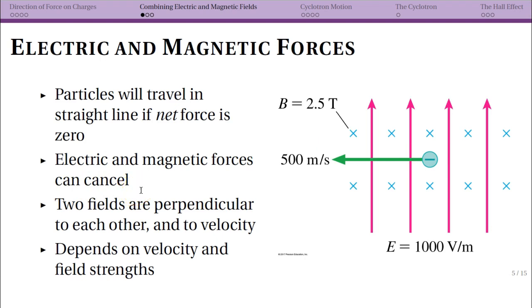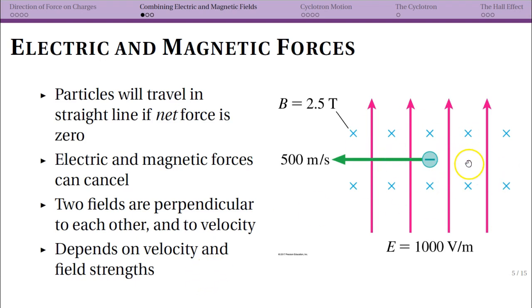So the only time that can happen, assuming that it's a moving charged particle, is that the fields are perpendicular to each other and they're perpendicular to the velocity vector. And this is going to depend on both the velocity and the field strengths. We can have two fields oriented in these directions that don't actually cancel. So the canceling depends on the velocity itself and the field strengths.